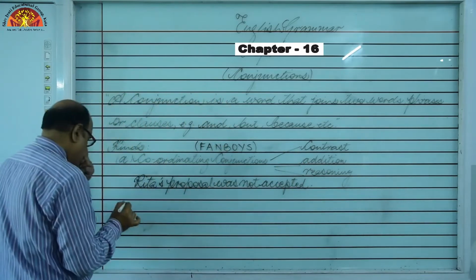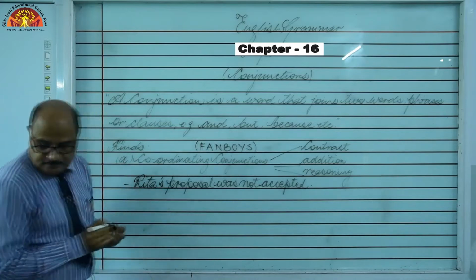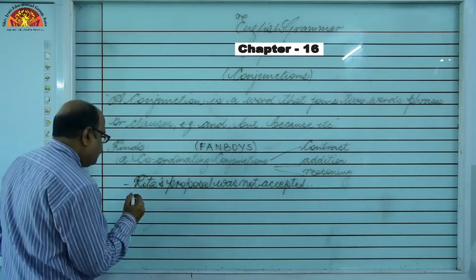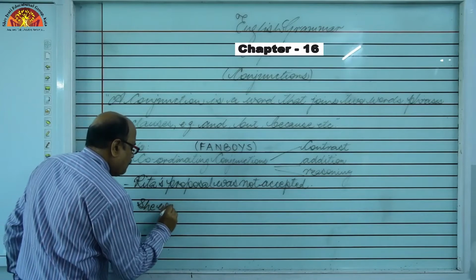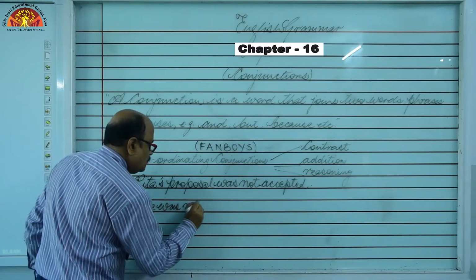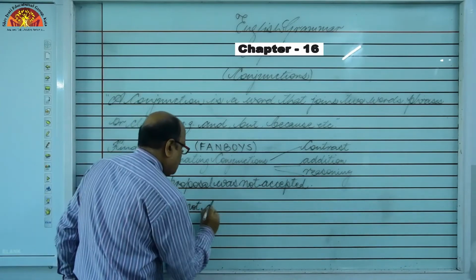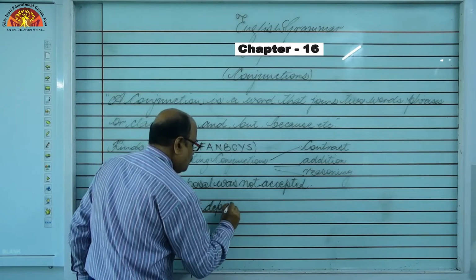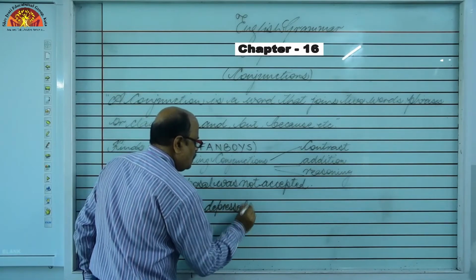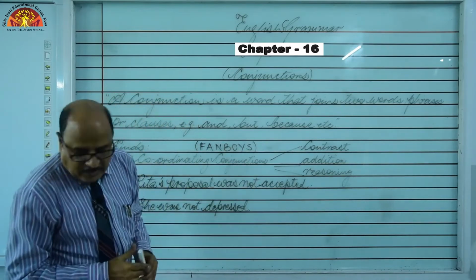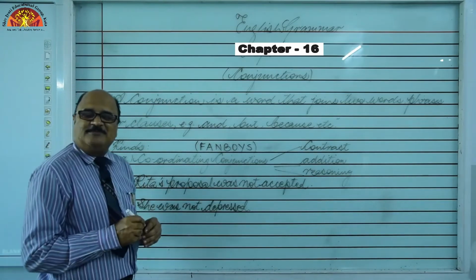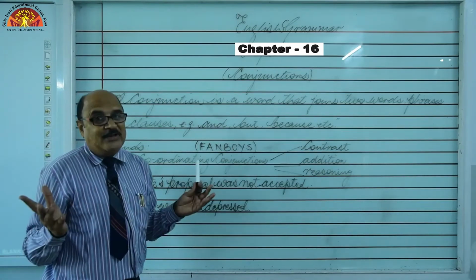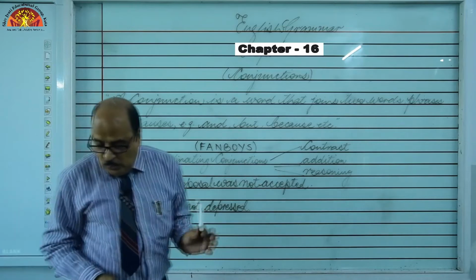And second one is she was not depressed. These are two independent sentences. Now, we are going to connect them into one.